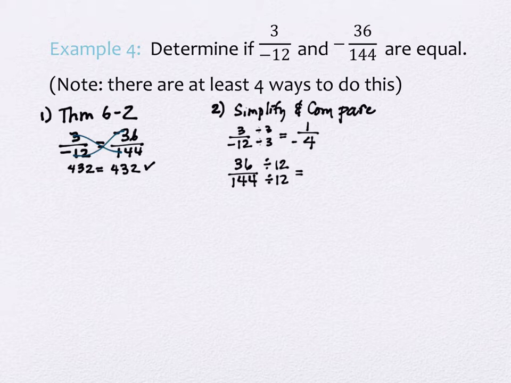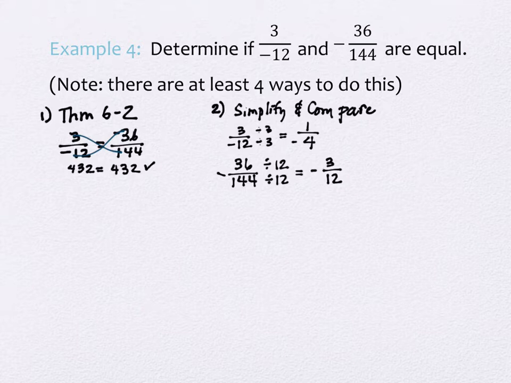So if I did that, this is negative in front. What is 36 divided by 12? Yep, it's 3. And then what's 144 divided by 12? It's 12. And then when you get to this point, you might realize that's another number I started with in the other fraction. That won't always happen.